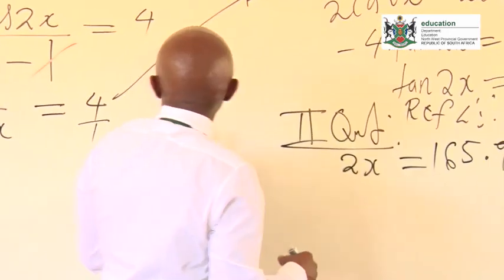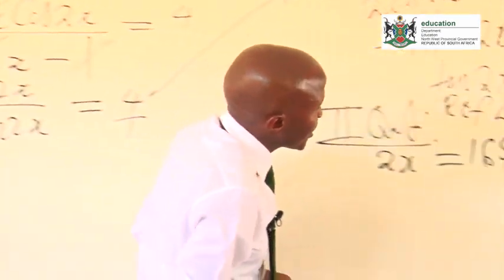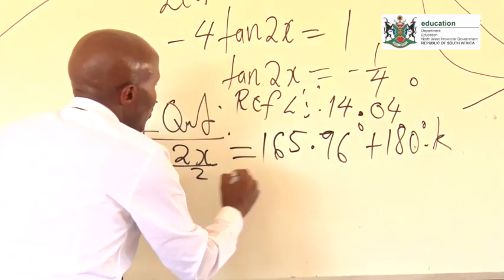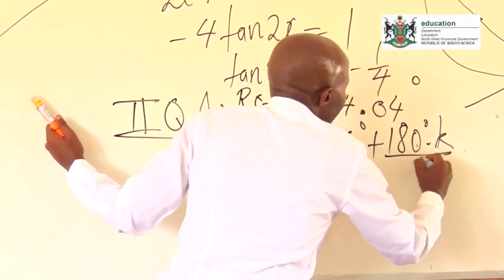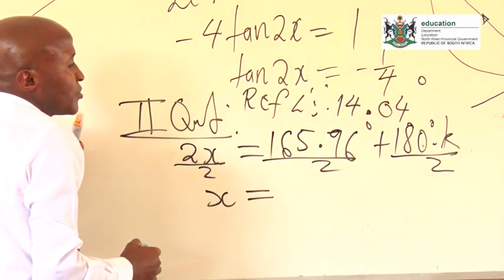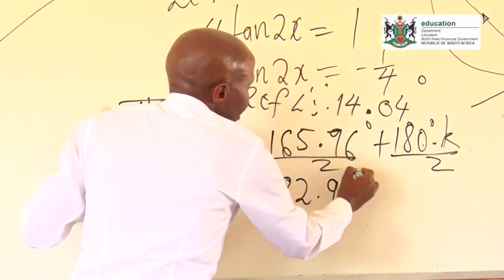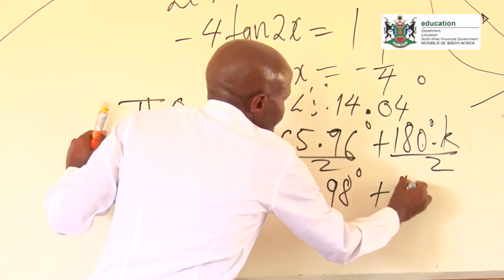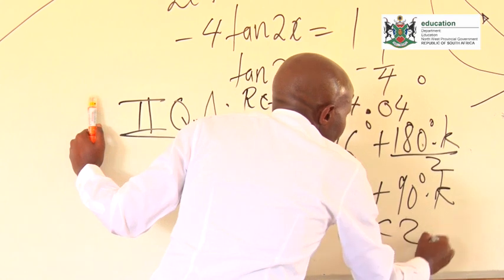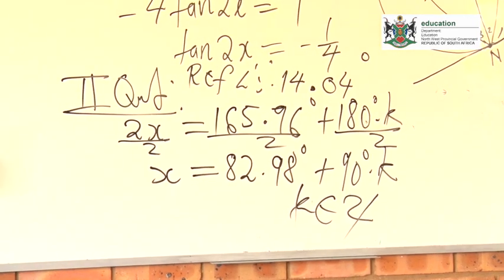But when we were doing the previous one, we got 360. What must I do? Are we done? Divide through by 2. Each and every term must be divided by 2. Therefore, let's have the final answer: 82.98 degrees plus 90 times k, where k is an element of all integers.